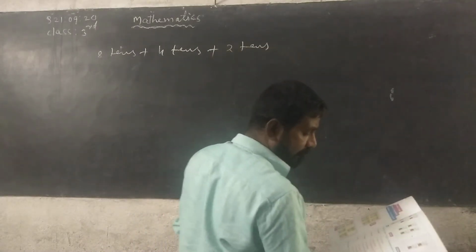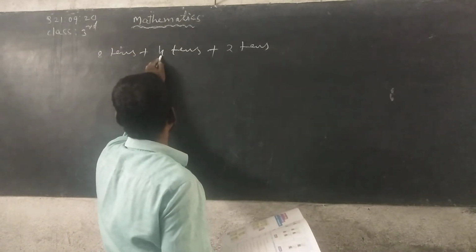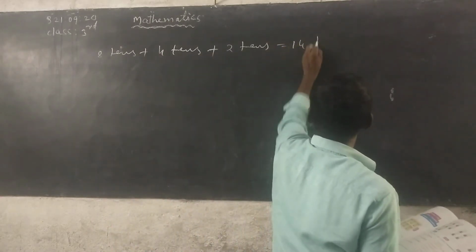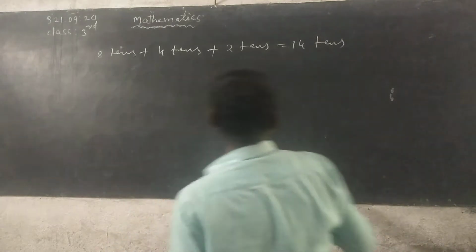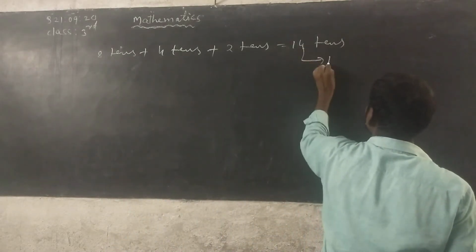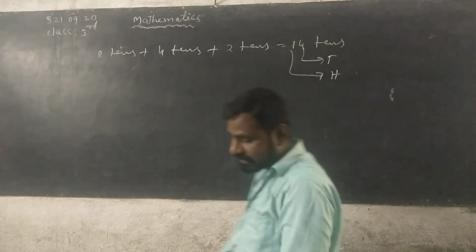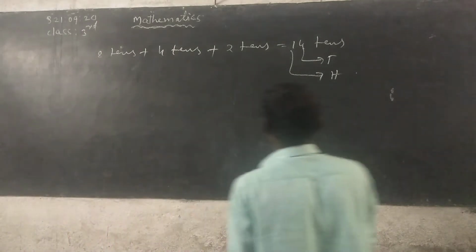See here, so what do we get? 8 tens plus 4, 8 plus 4, 12. So 12 plus 2, 14 tens totally. See, 14 tens means 4 is in 10's place, 1 is in 100's place. 100 and 4 tens. అర్థమైందా నాన్న?